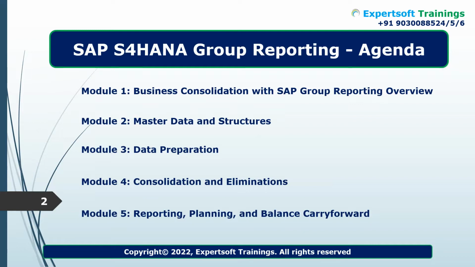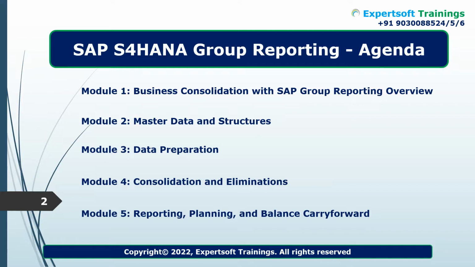And ultimately the last one, although we say reporting in the last, most of the reports we will be executing within modules 1, 2, 3 and 4 also. In module 5, we will see how the reports can be enhanced, or how customized reports can be created for the purpose of the business.